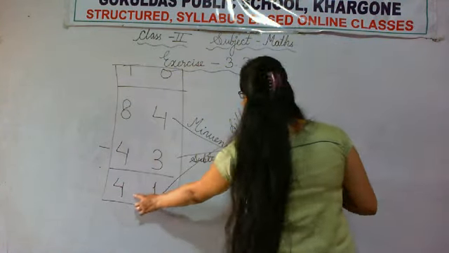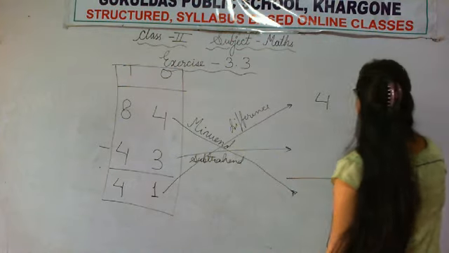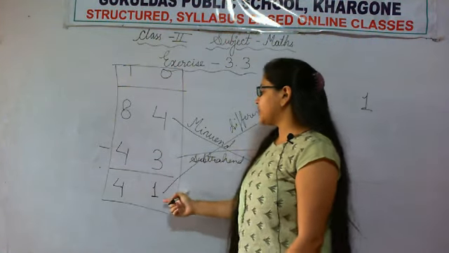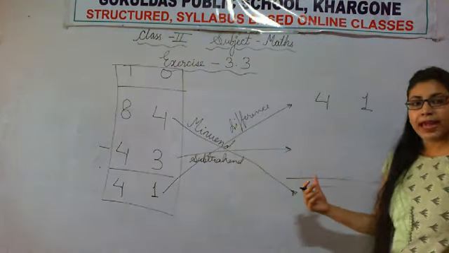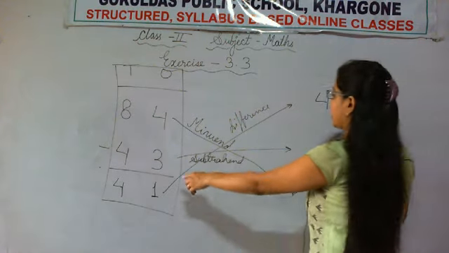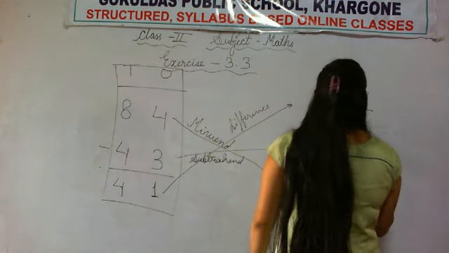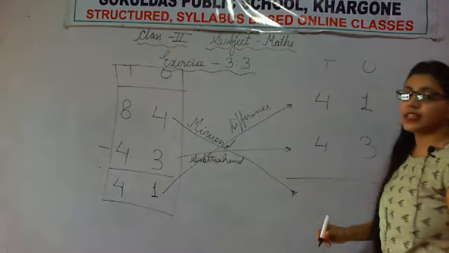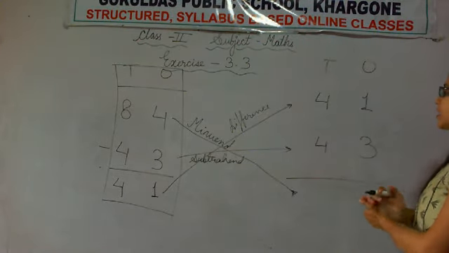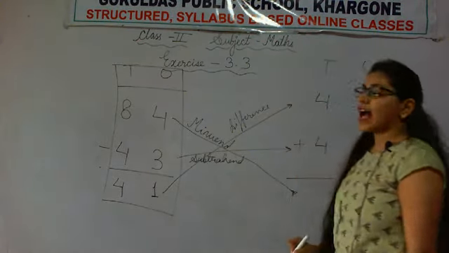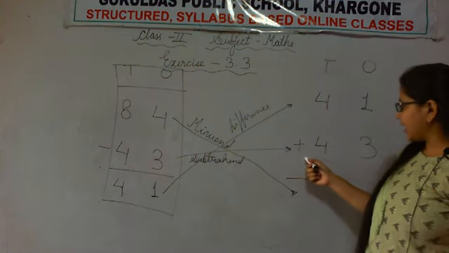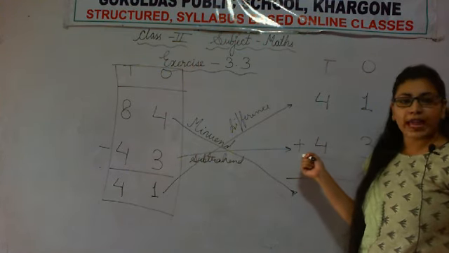So 41 was the difference, so we write it at the place of the first addend. The subtrahend will be the second addend, so let's write 43 in tens and ones, since there are 2 digits. Now we are checking subtraction using addition, that's why we put a plus sign.